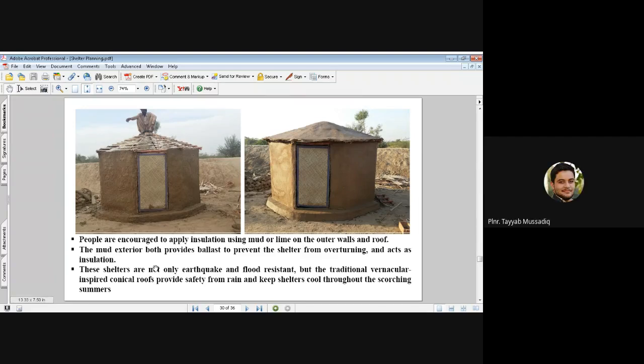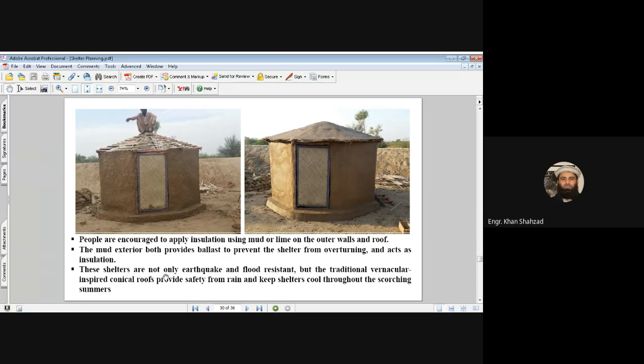Sir, you mean it provides strength to the structure? Not the strength, sir. The strength has already been provided by the skeleton of this bamboo structure. It is weight. When its weight is greater, because of the weight it resists the wind, and the wind cannot overturn or tilt it. Okay, sir.